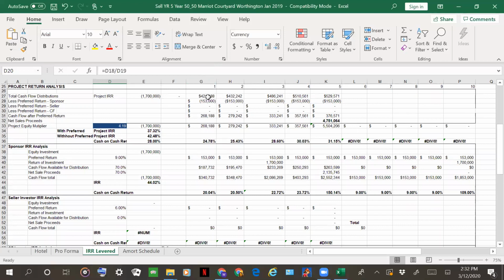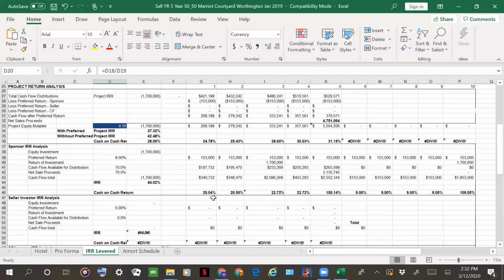The net cash flow after debt was 421, then minus the pref, there's 268,000 to distribute. 70% belongs to the GP, the sponsor, so they received $187,000. With the pref of 153 and their distribution, they received $340,000 in that year, which comes out to be a 20% cash on cash.